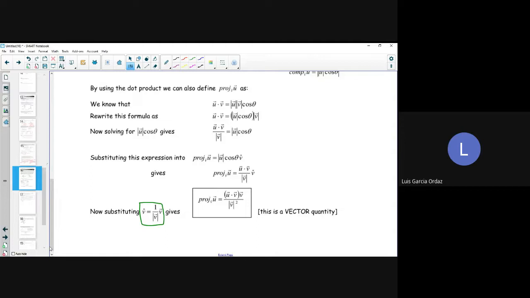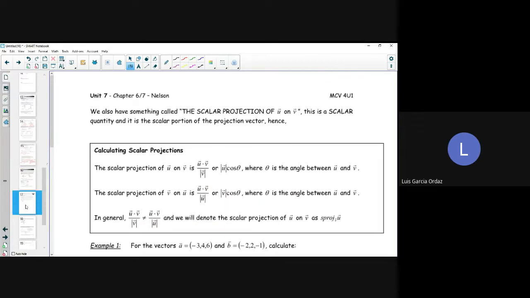And this is a vector quantity. So this is ultimately what we get to figure out the projection of u onto v. Now let's continue and see if we can do some examples together.